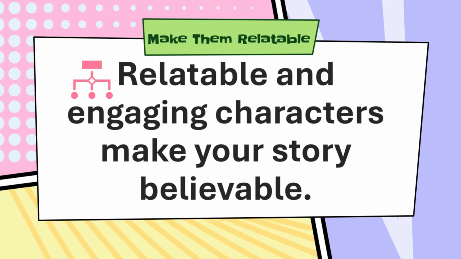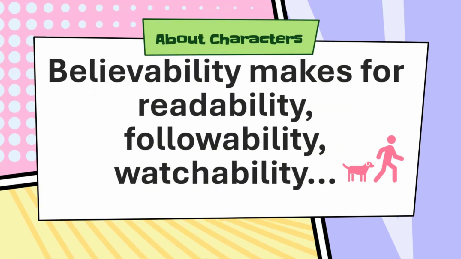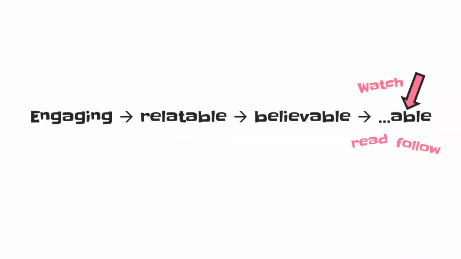There's that second able. Why though? Because believability makes for readability, followability, and watchability, and any other ability that you can think of. Let's make characters for whom our audience wants to watch, read, and follow.